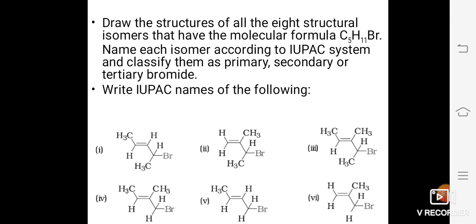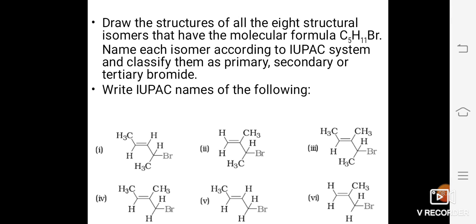The 8 isomeric structures are possible for this particular compound. Name each isomer according to the IUPAC system, and classify them as primary, secondary, or tertiary bromide.